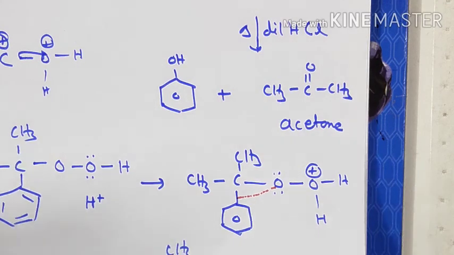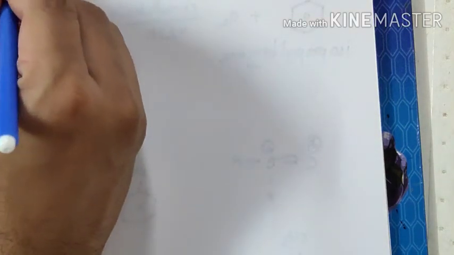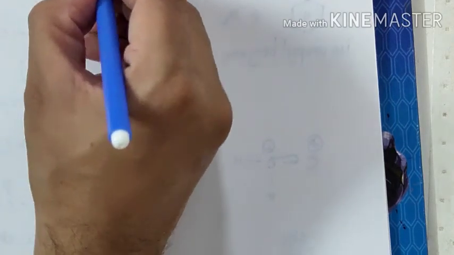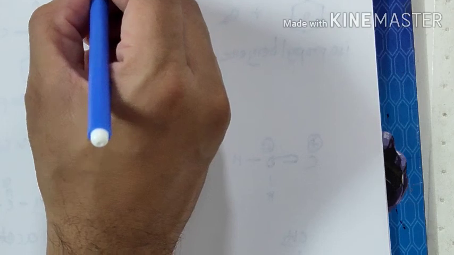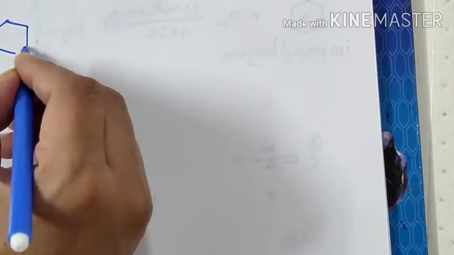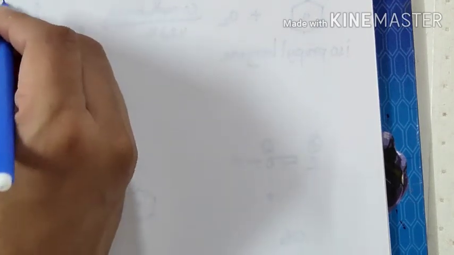moving to the last preparation of phenol, that is from aniline. From aniline. Right. Now what is aniline, student? Aniline is this compound.